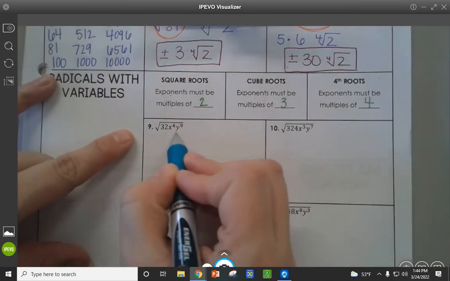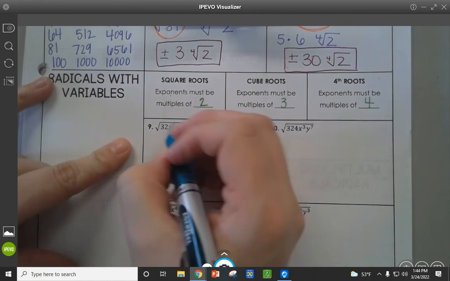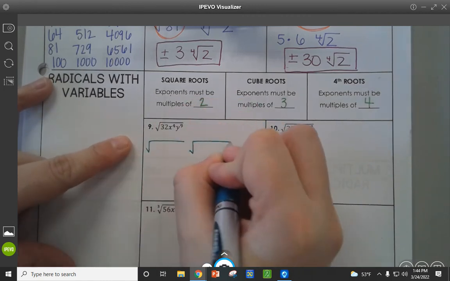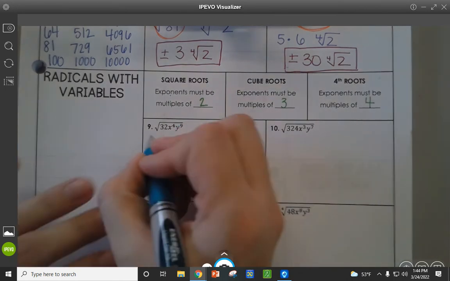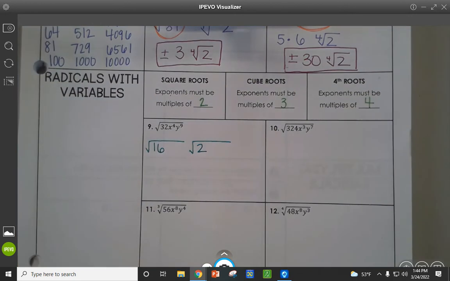So we're doing the square root of 32x to the 4th, y to the 9th. So go ahead and split your root up. What is the largest perfect square that goes into 32? 16 times what? 2.